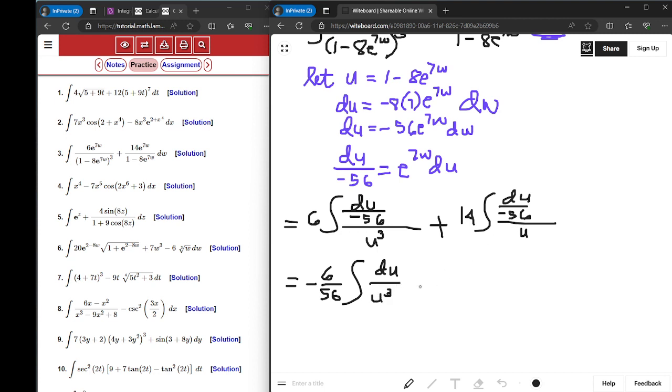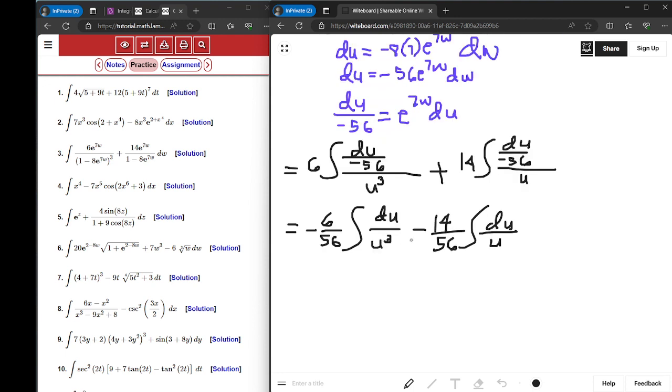Then this is negative, so this will become negative 14 over 56 times integral of du over u. We can simplify this. We have 6 over 56. Both are divisible by 2. So this is 3. 56 divided by 2 is 28. So is 28 divisible by 3? I think not.